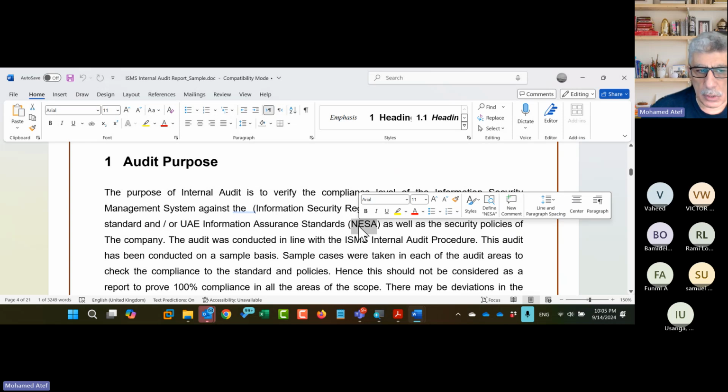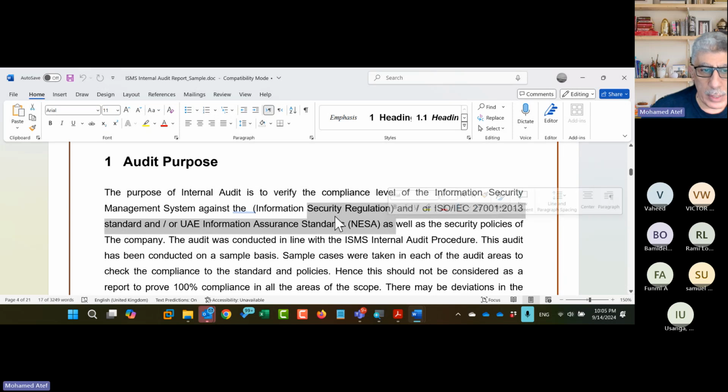Some of them are international and some of them are government compliance, but all of them are within the same area. So it's okay to have one internal audit that verifies controls in different standards.